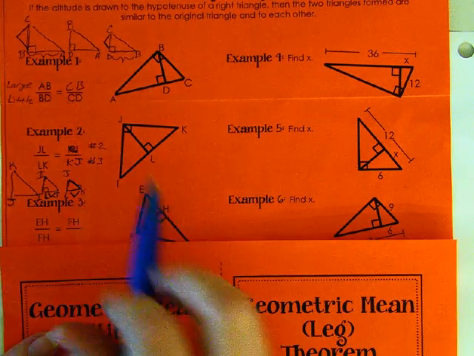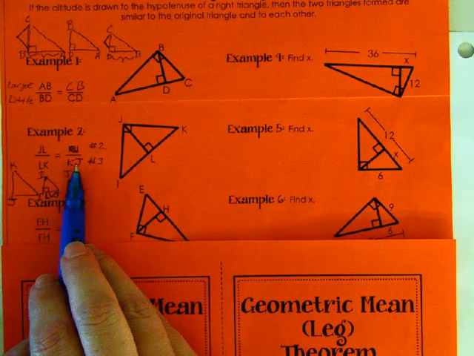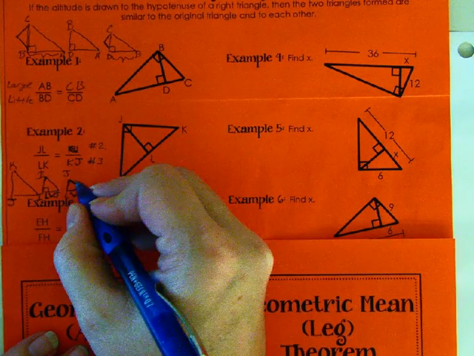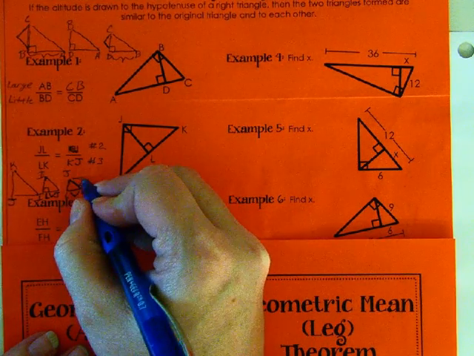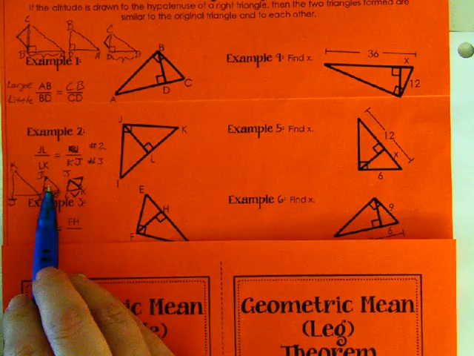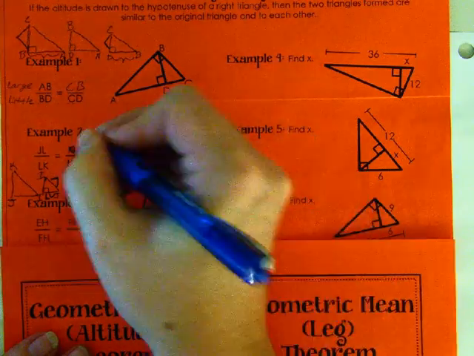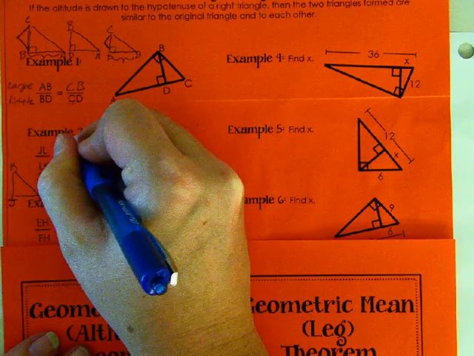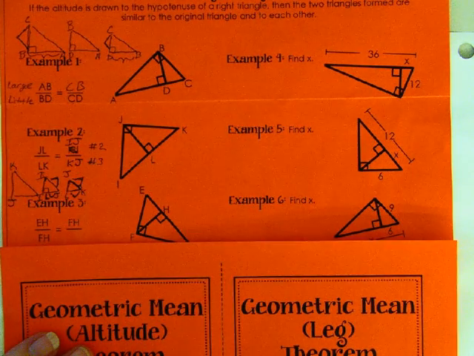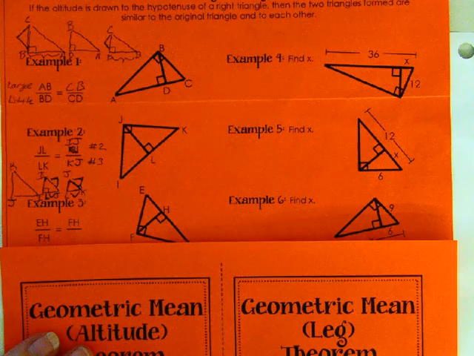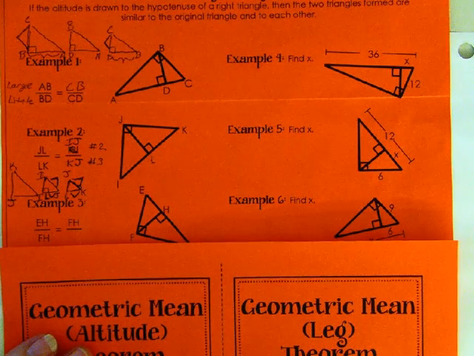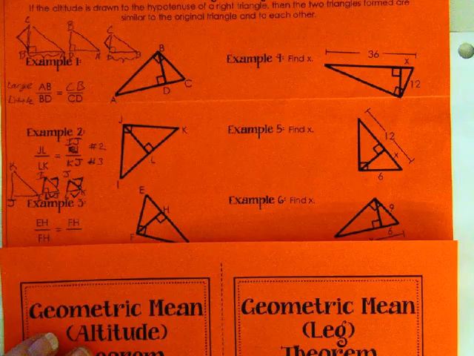Okay, so now I'm going to come over here and KJ is my hypotenuse. So then I need the hypotenuse of the second one. The hypotenuse is IJ. So this is going to be IJ. All right, so again, we're just setting up our proportions so that then we would be able to solve if we had numbers.